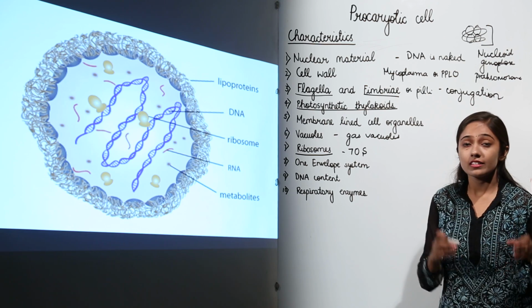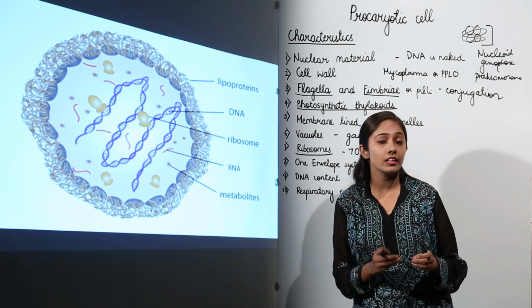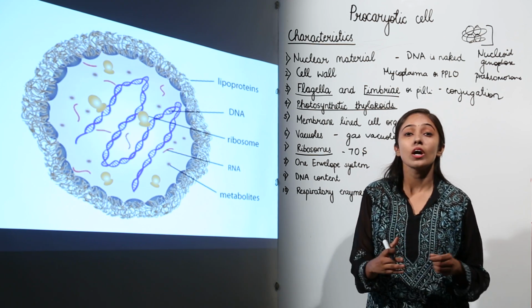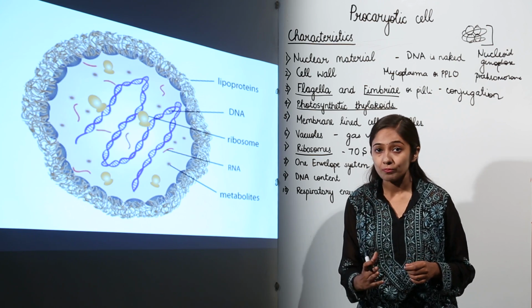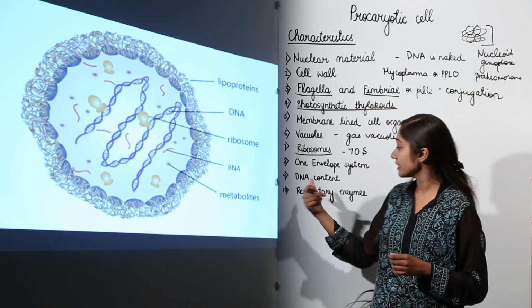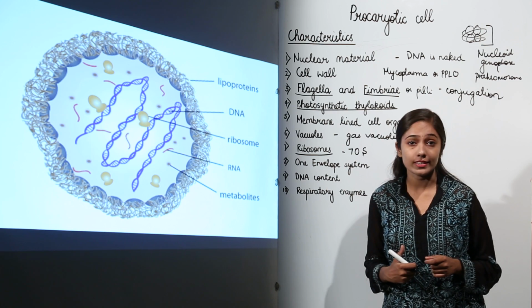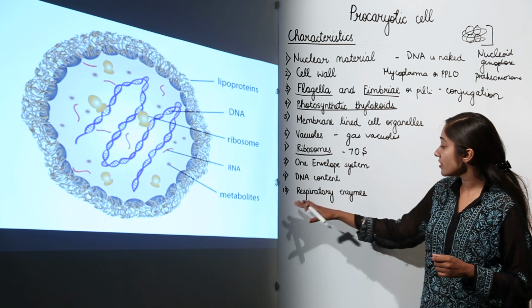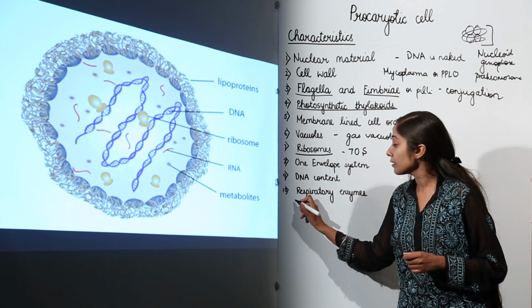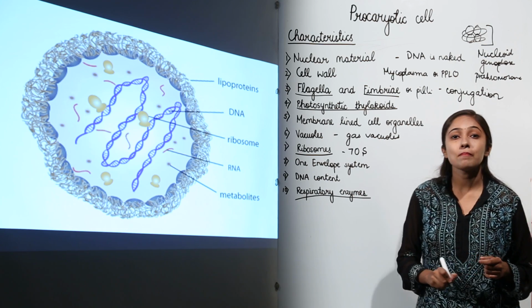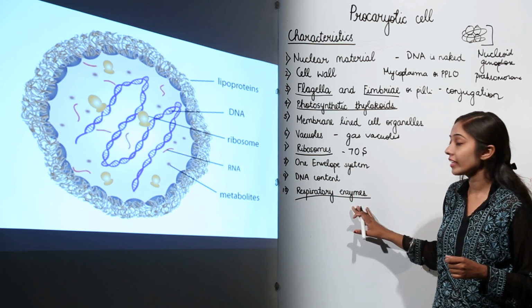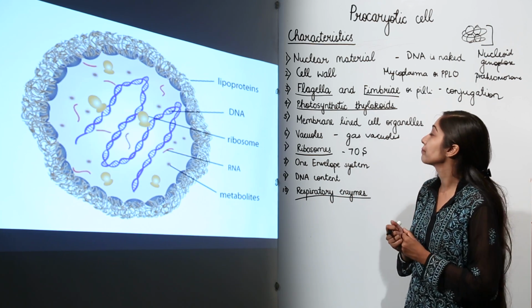As I told you, the naked DNA is equivalent to a single naked chromosome, so as a whole the DNA content is low. Then the respiratory enzymes are present near the cell membrane, linked with the cell membrane.